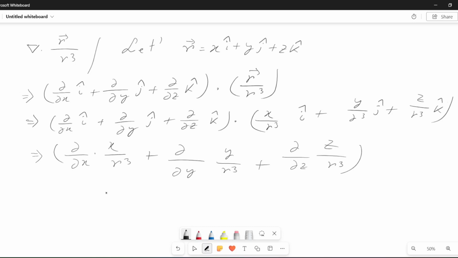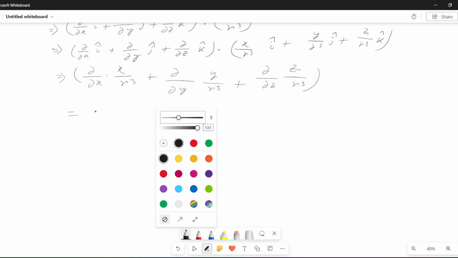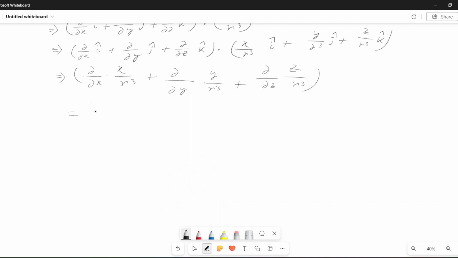Now we have to find this expression. The first term is 1 by r cube times del x/del x, which is 1, plus, for the r cube term, minus 3 r to the power minus 4 del r/del x.